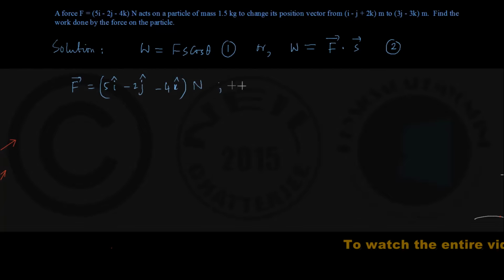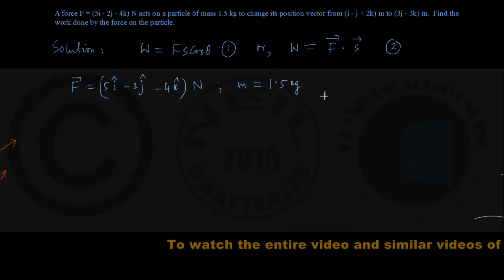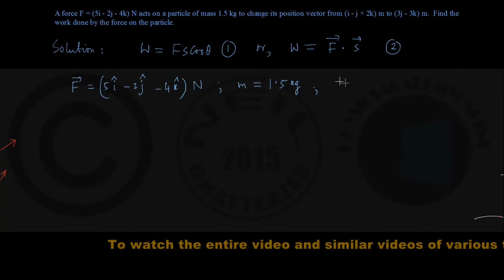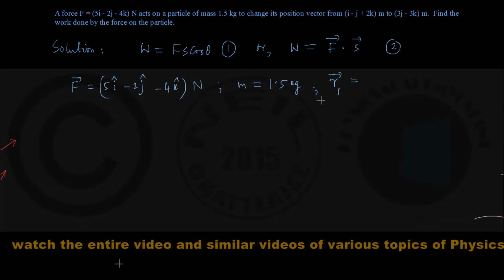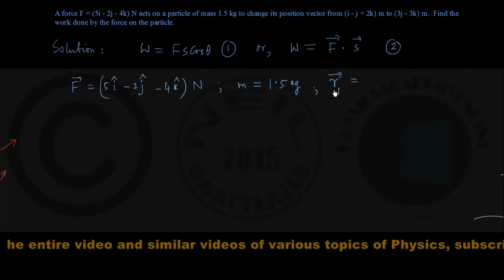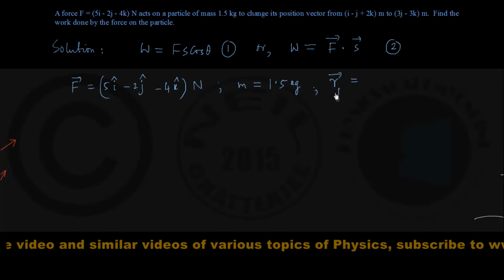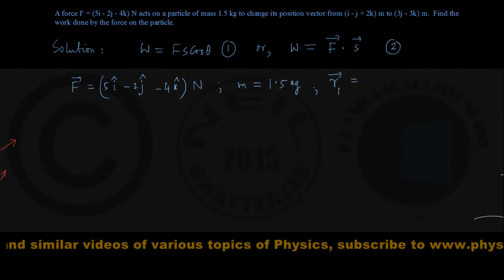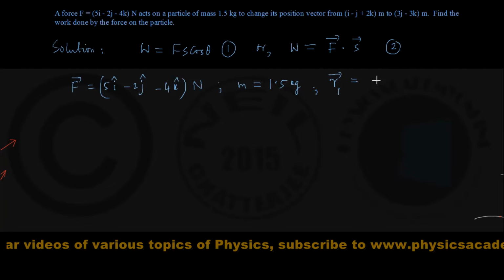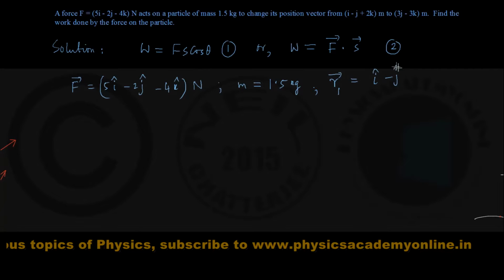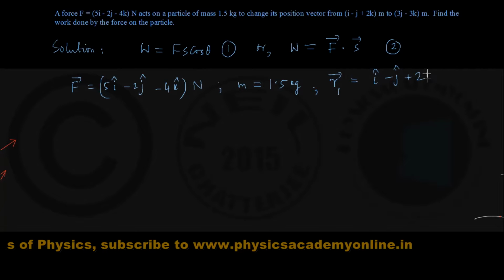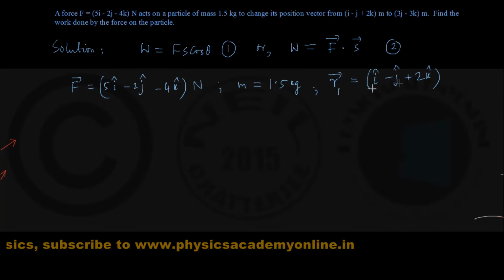The mass of the particle given is 1.5 kg. We have to see where we can apply that. And the position vector of the particle initially, that is R1. See, one symbol I use for initial value and usually two, as a subscript, for final values. So initially the position vector was i minus j plus 2k meter.